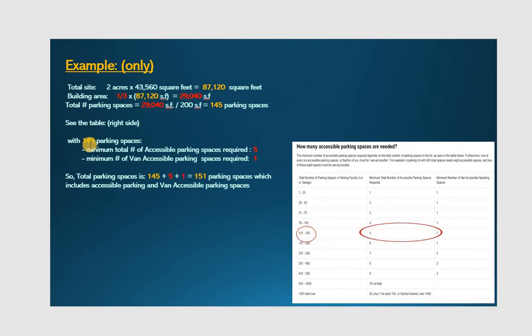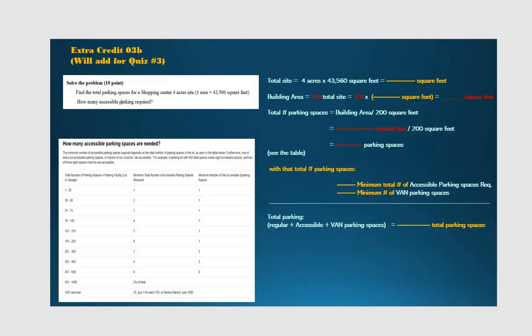After that, you add the regular one with the accessible and the van accessible to get the total number. That's the one I need. So that is problem number 3, credit number 3.